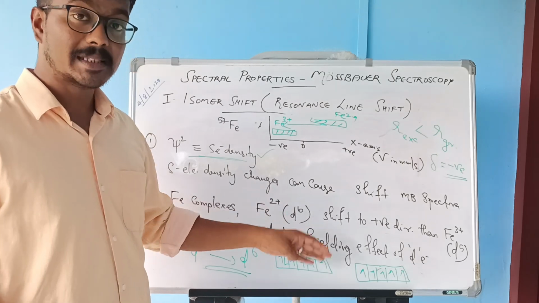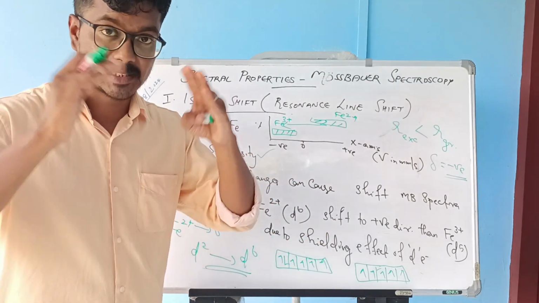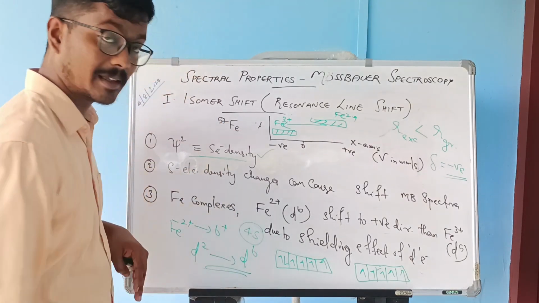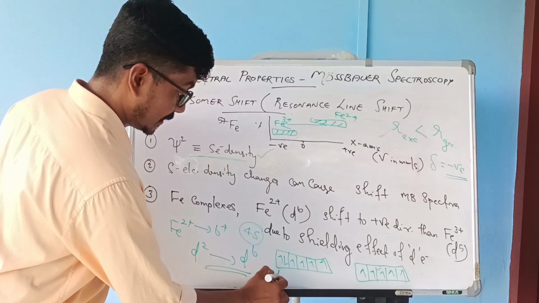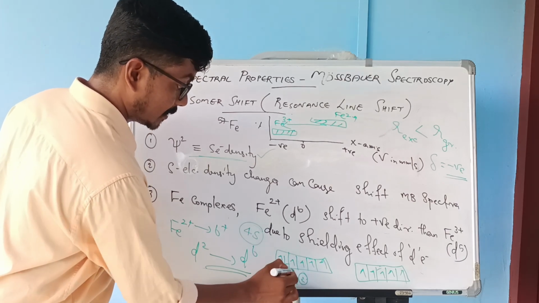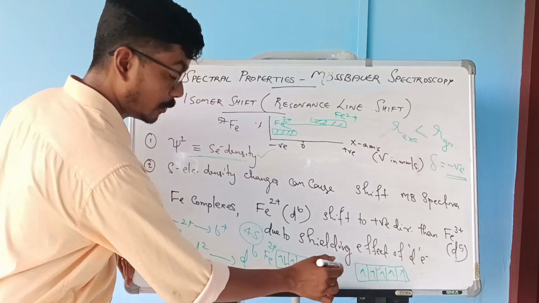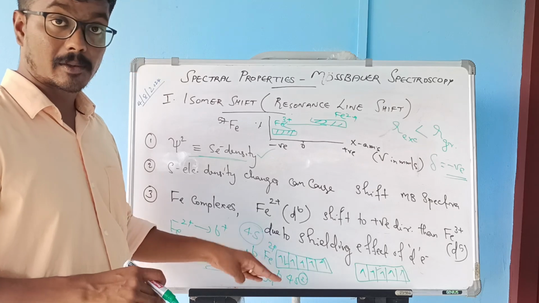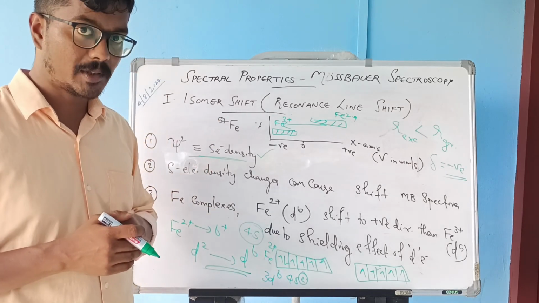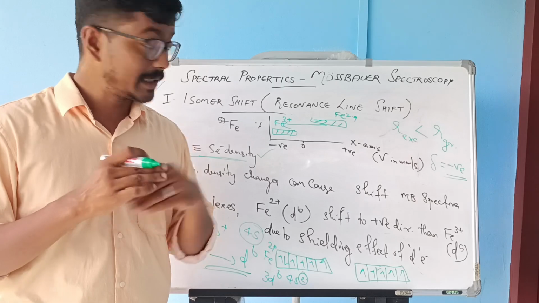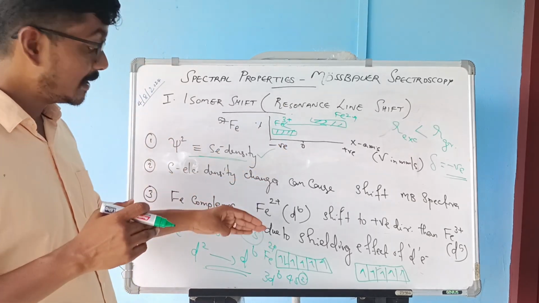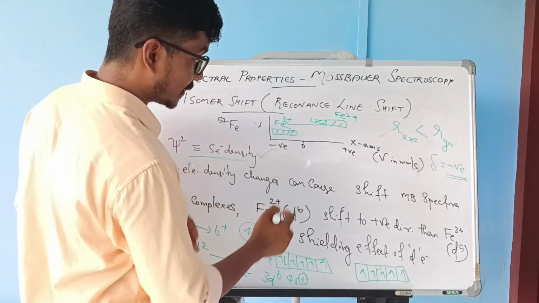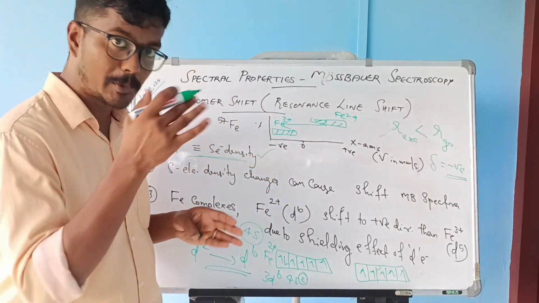But due to the presence of a higher number of d electrons, these d electrons will shield the 4s electron, right? 3d6 4s2. When Fe2+ forms, the 4s2 electrons move out, and these d electrons will shield the s subshell. As a result, the s electron density will decrease in the case of Fe2+ due to the higher shielding effect of d electrons. So the s electron density is lower, which means it will shift more towards the positive direction.